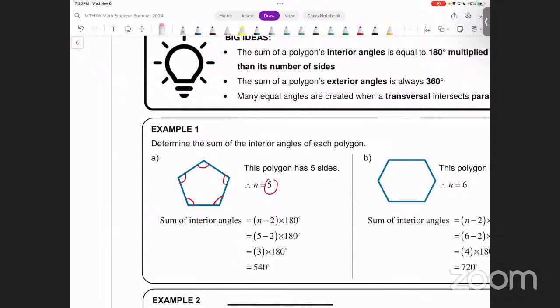The way the formula has been developed, if you have a polygon, let's break the polygon into triangles. Did you guys see that I can break that into 3 triangles? Any polygon can be broken into the number of sides minus 2 triangles, and every triangle's angles add up together to how much? 180, isn't it?